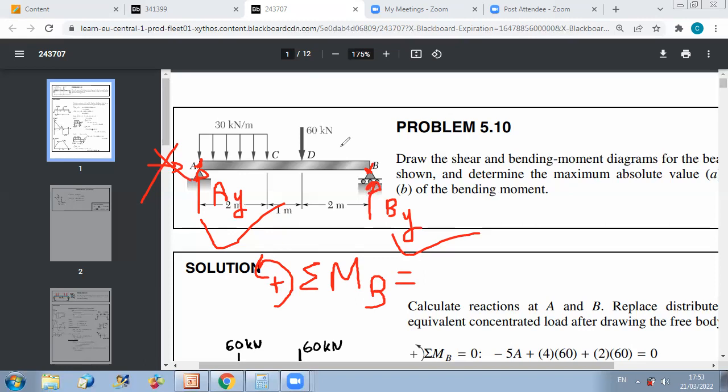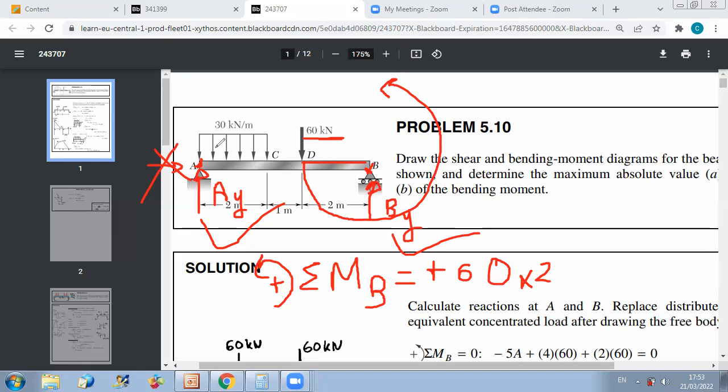So then if we start, we have the 60 kilonewton force. The 60 kilonewton force is creating about B a counterclockwise moment. So I can just say it's plus 60 times the distance from the force to B, which is 2 meters. The unit which we'll use is kilonewton meter. So the force is in kilonewton and the distance is in meter.